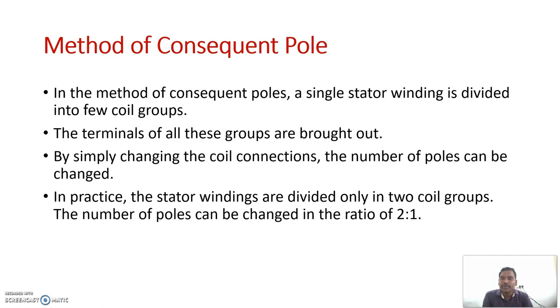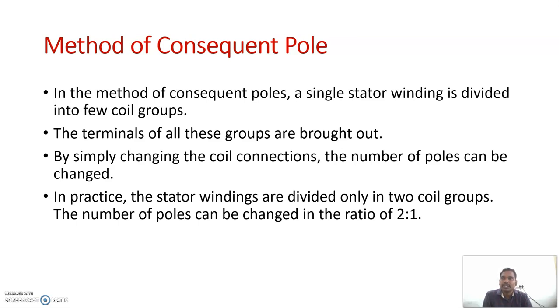Method of consequent poles. In this method, a single stator winding is divided into a few coil groups. The terminals of all these groups are brought out. Then, simply by changing the coil connection, the number of poles can be changed.